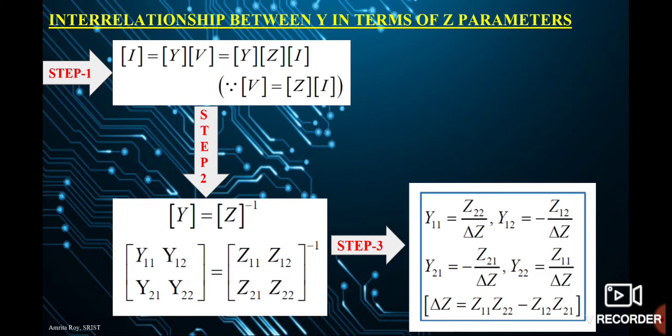In step 3 we are going to find the determinant of the Z matrix by the same process as we calculated for the Y parameters. So delta Z will give us Z11 into Z22 minus Z12 into Z21. So Y11 will be equal to Z22 divided by delta Z, Y12 will be equal to minus Z12 divided by delta Z, Y21 will be equal to minus Z21 divided by delta Z, and Y22 will be equal to Z11 divided by delta Z.